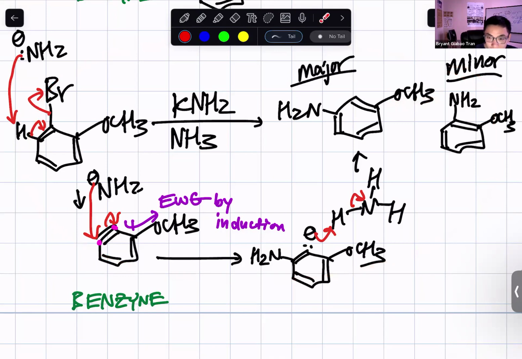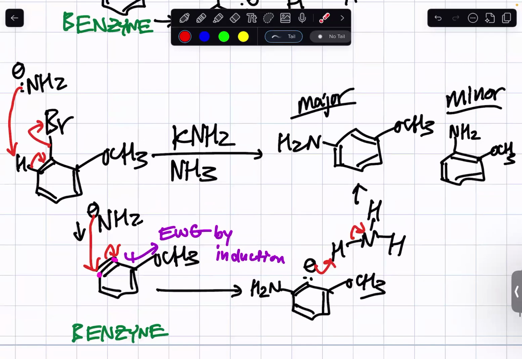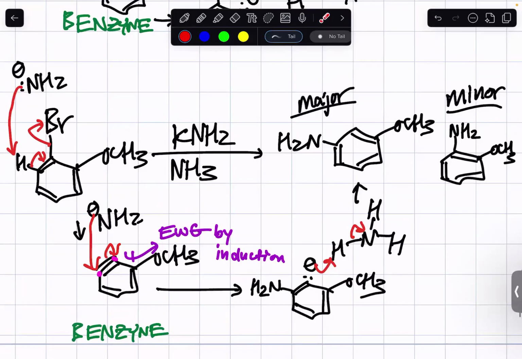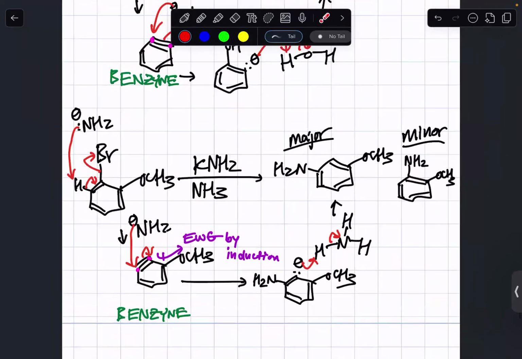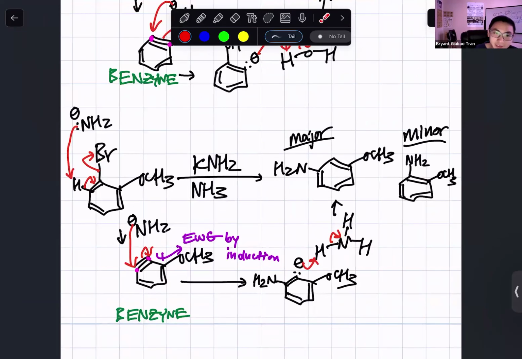He hasn't shown an example with an EWG yet, so I don't think you see a lot of problems on this with an EDG or EWG. I would also check the practice ones to see if you see any EWG for this type of reaction. And if you do, let me know, so then I could make a rule for that.